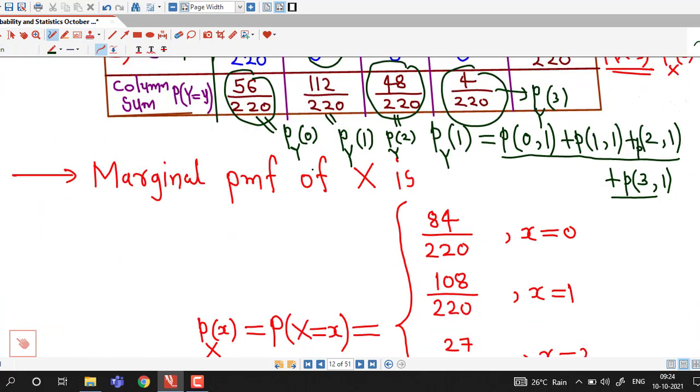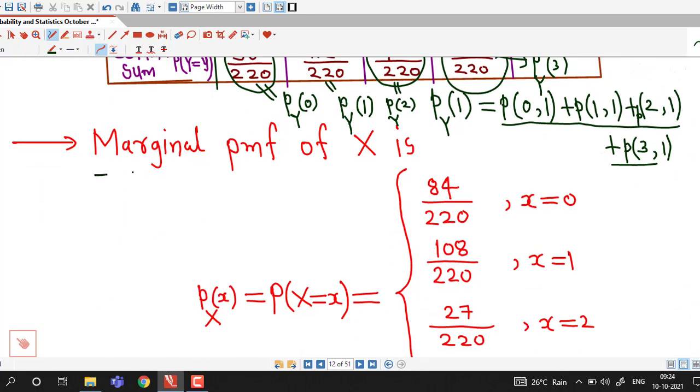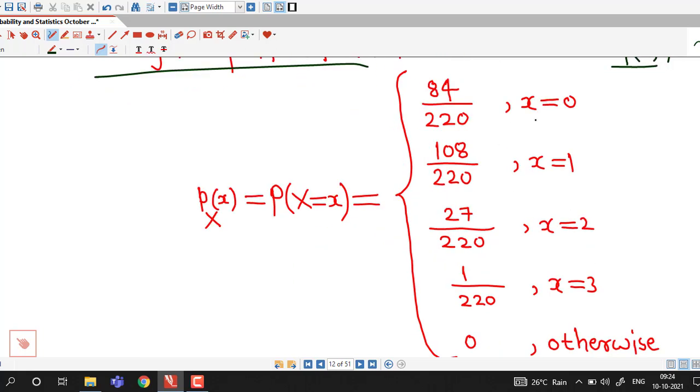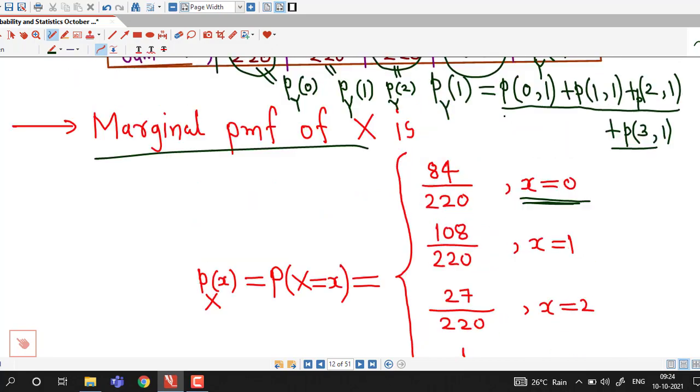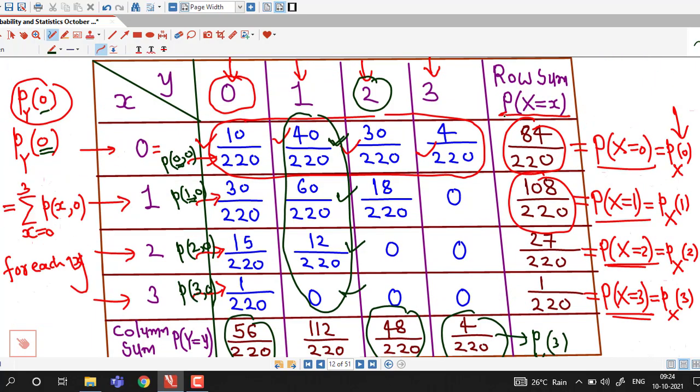We have written that the marginal probability mass function of x is, if we add the values in the row corresponding to x equal to 0, we have 84 by 220. This is for x equal to 0. This is for x equal to 1. This is for x equal to 2, 27 by 220, and this is for x equal to 3.